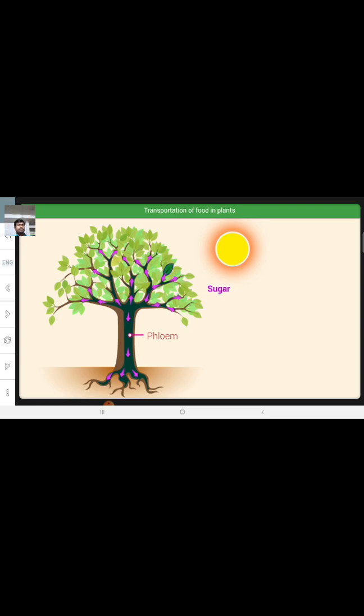The sugar and some other nutrients are needed by the plant's roots, stems, seeds, flowers, and fruits, collectively known as the sink of the plant. The movement of food and nutrients from leaves to other parts of the plant is known as translocation.